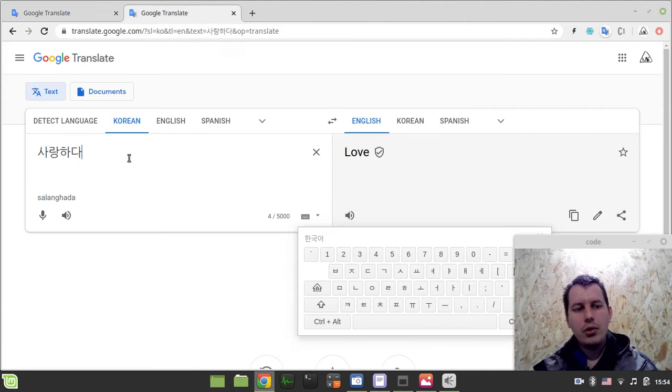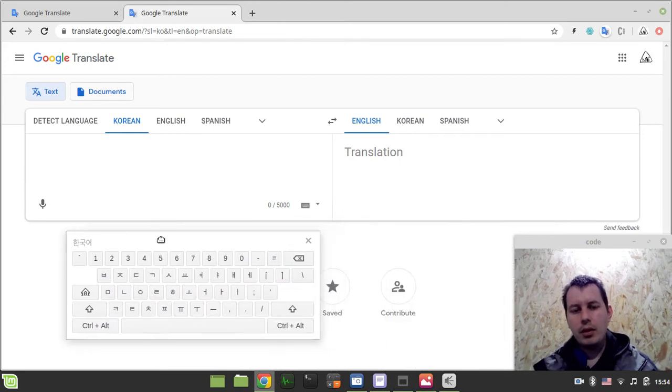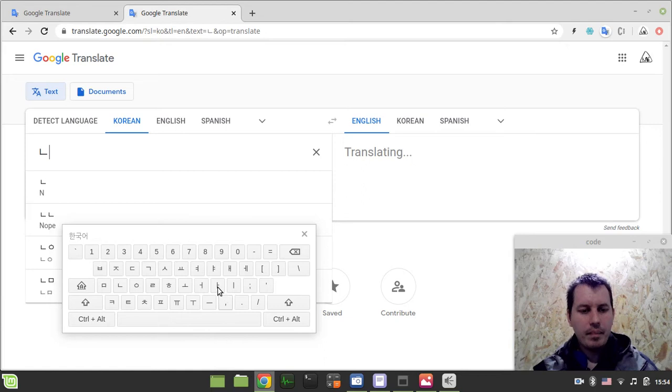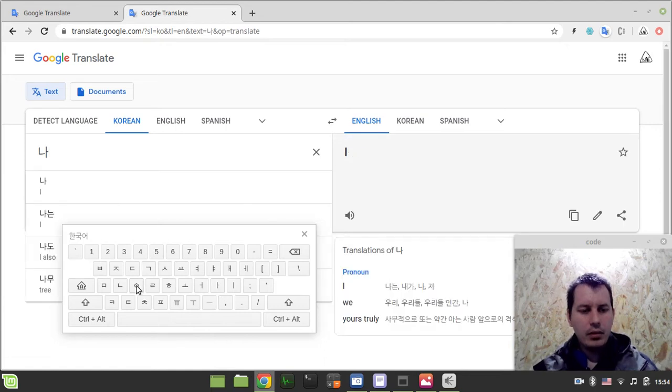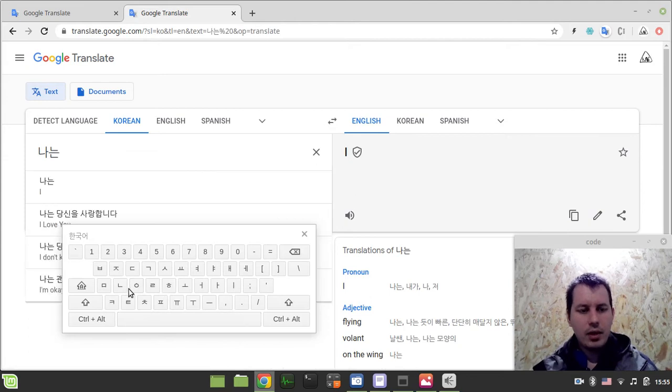So now let's go and trying to write the entire phrase. So this would be nanun neorul saranghae. This means like the full grammar structure, full grammar pattern for I love you. So let's go for this. So we say like 나는 and space, and then spaces are important in Korean, by the way.